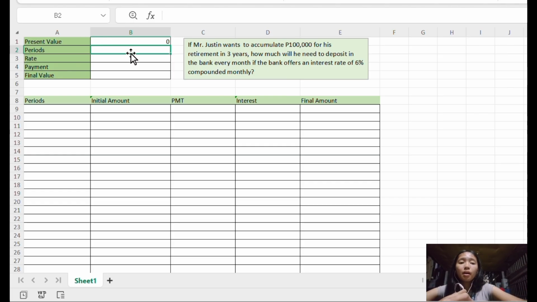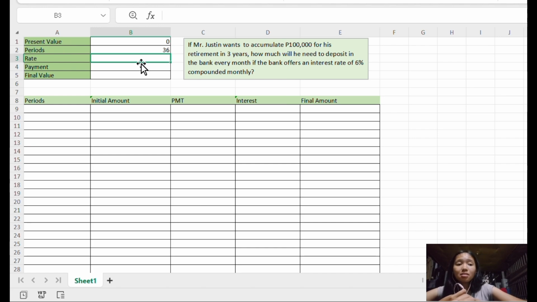Then for the periods, we have to multiply the number of conversions per year, which is 12, and the time period, which is 3 since it is 3 years. So we type an equal sign, then 12 times 3, and we have 36 periods.